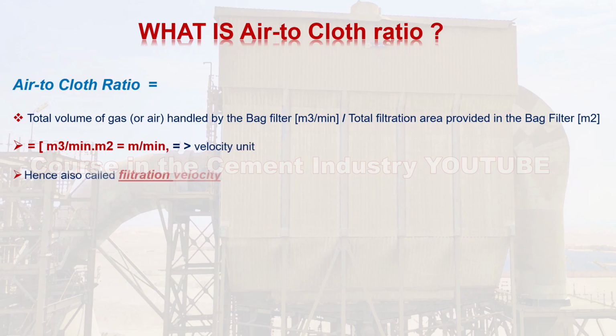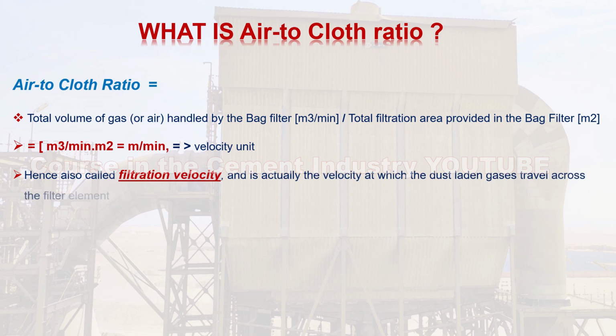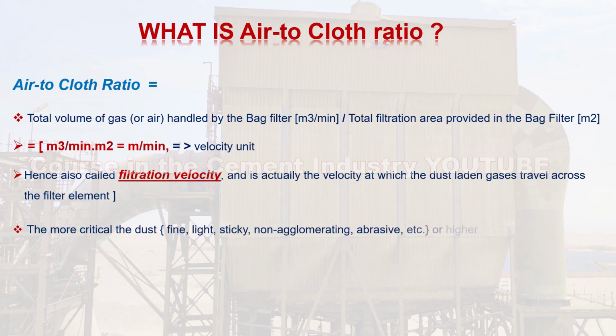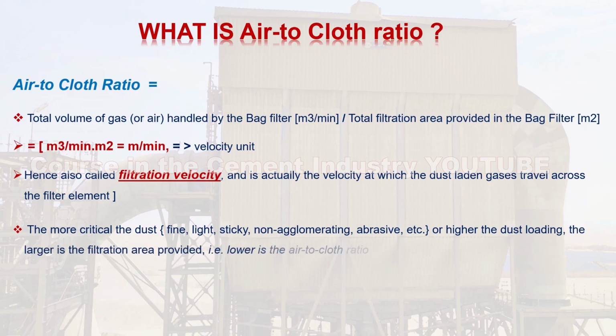Hence it is also called filtration velocity, and is actually the velocity at which the dust-laden gases travel across the filter element. The more critical the dust, fine, light, sticky, non-agglomerating, abrasive, or the higher the dust loading, the larger the filtration area provided, and the lower the air-to-cloth ratio maintained.